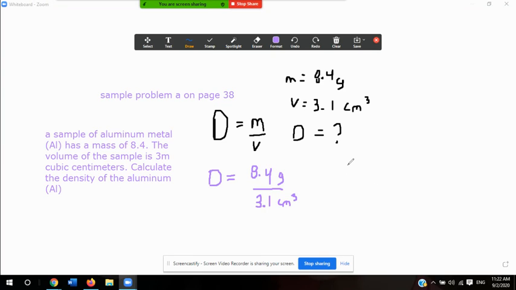So we say that D equals 2.7 grams over centimeters cubed.